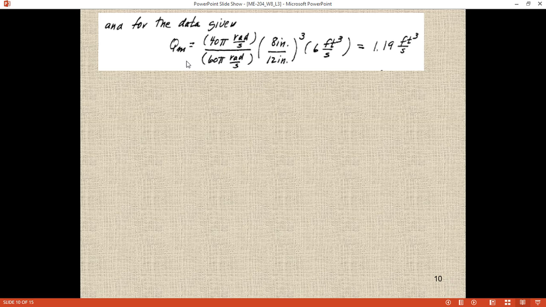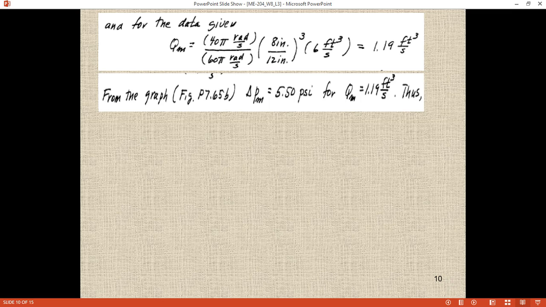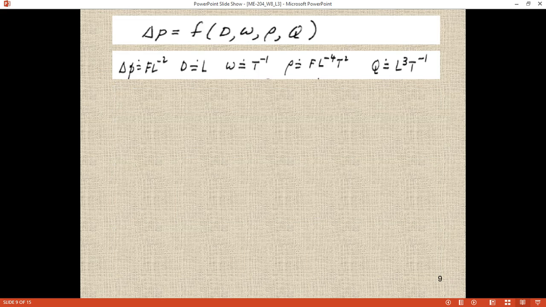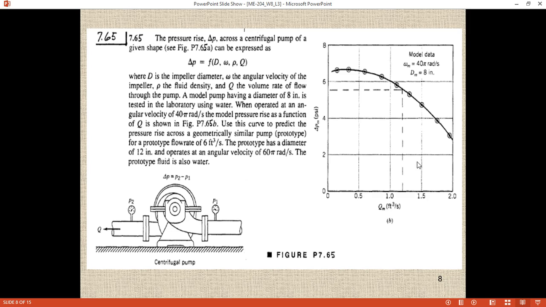So let's look at the equation of the pressure drop. Here you can see we have Q of the model equal to 1.19 feet cubed per second. Going back to the curve, 1.19 is somewhere here.